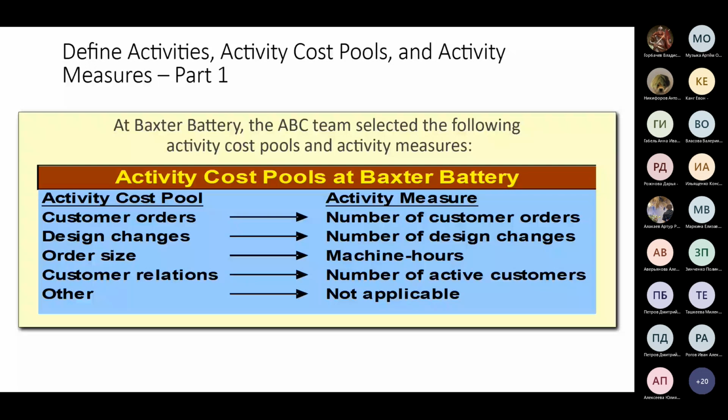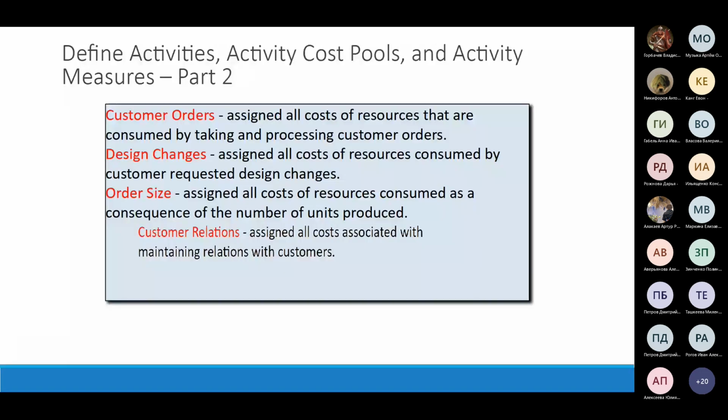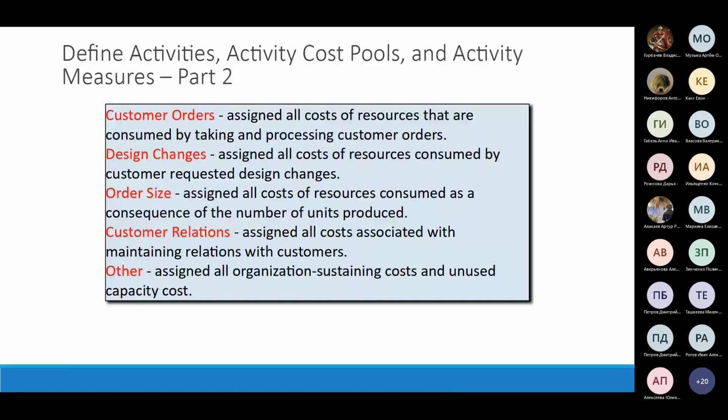So let's see how these activities are organized. Customer orders is assigned all costs of resources that are consumed by taking and processing customer orders, of course. Design changes is assigned all costs of resources consumed by customer-requested design changes, so customers are driving these activities.